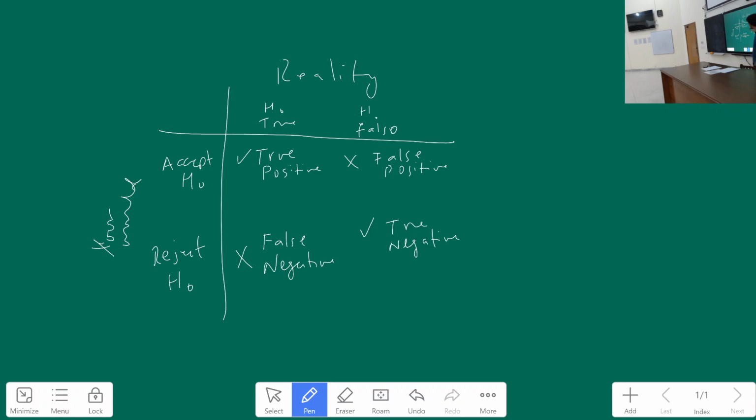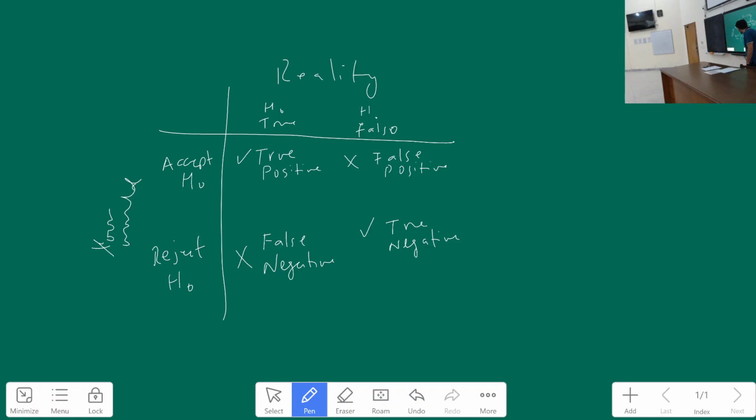Both of these kinds of mistakes are wrong. Now there are two different kinds of mistakes. In one, someone had COVID and you said they don't have it. In another, someone didn't have COVID and you said they have it. Both are problematic. Then you weigh which one is more important for us. That will depend on the situation.